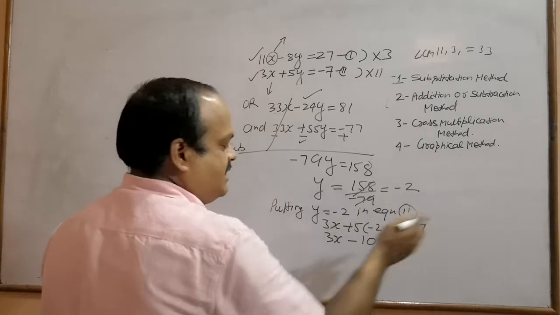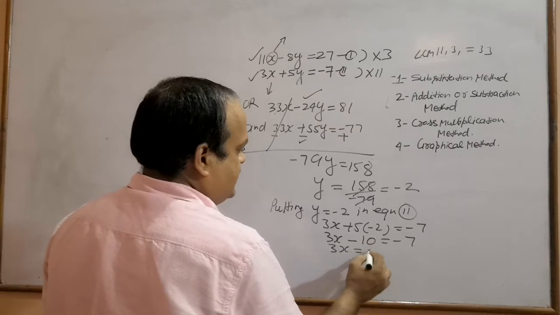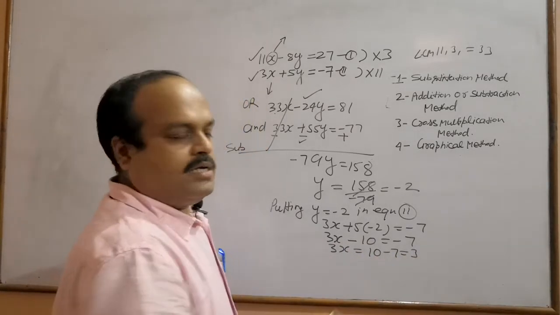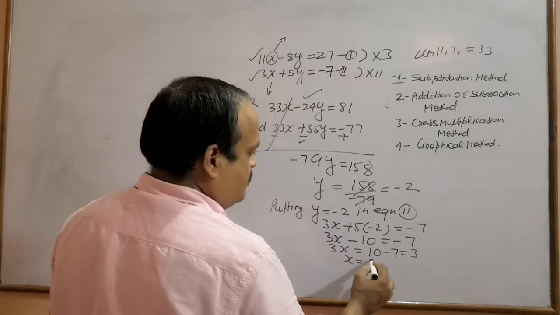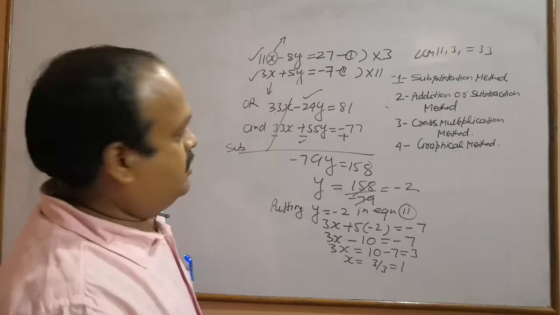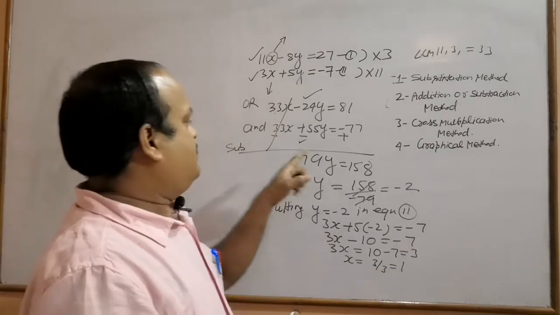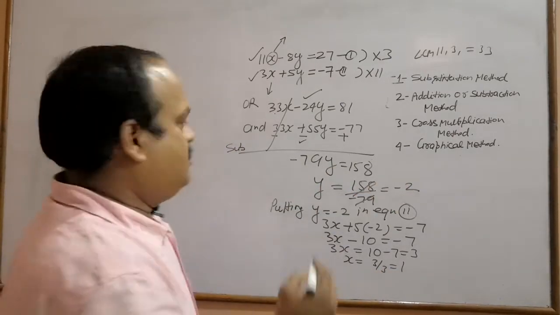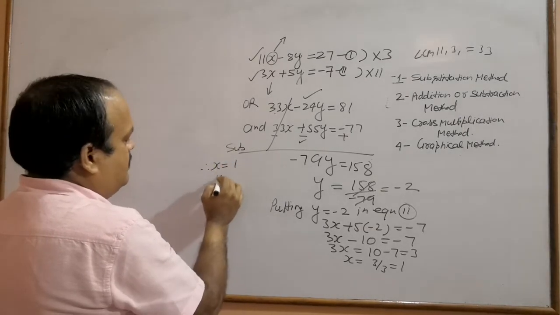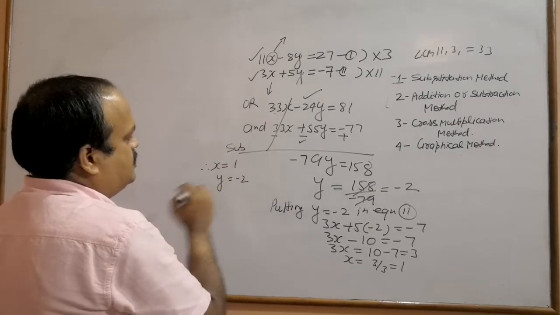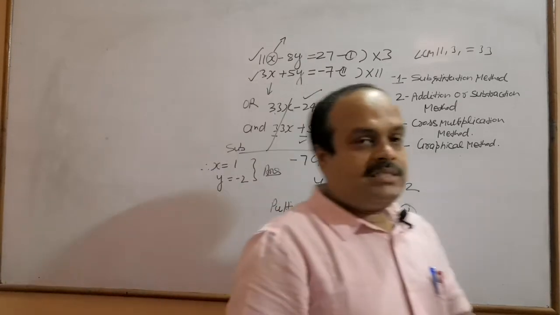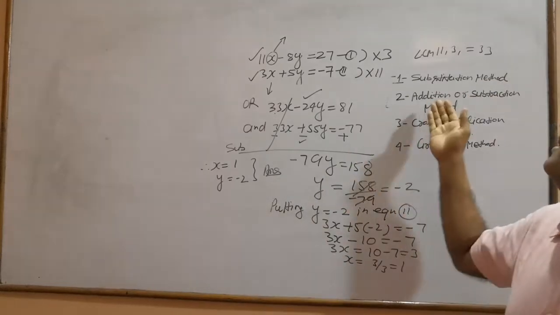Shift this to that side. So 3x is equal to 10 minus 7, 3. So x equals 3 upon 3, which gives 1. So the value of x is 1, the value of y is minus 2, write them together. Therefore x equals 1, y equals minus 2. Answer. We have got the same answer by this method.